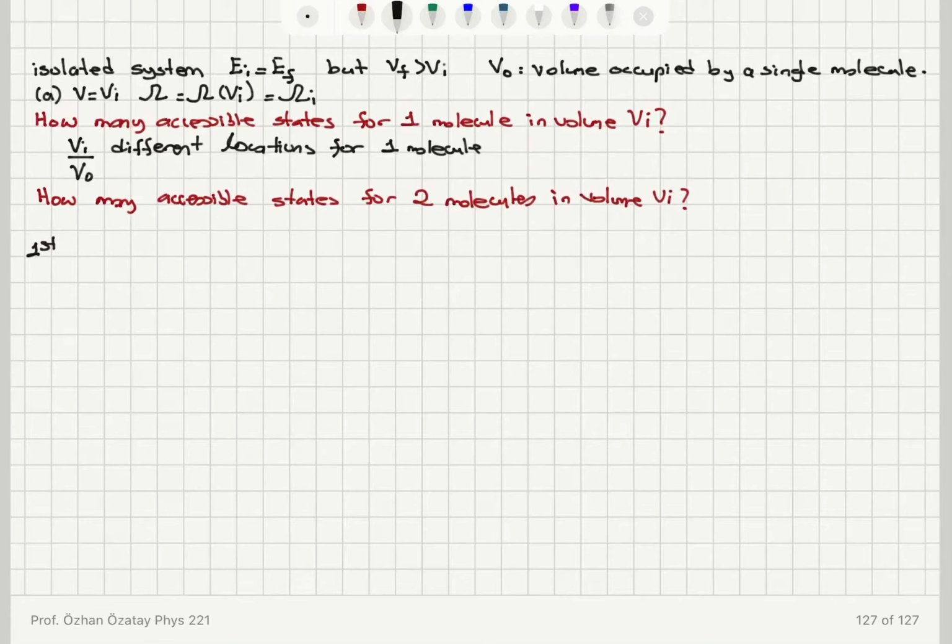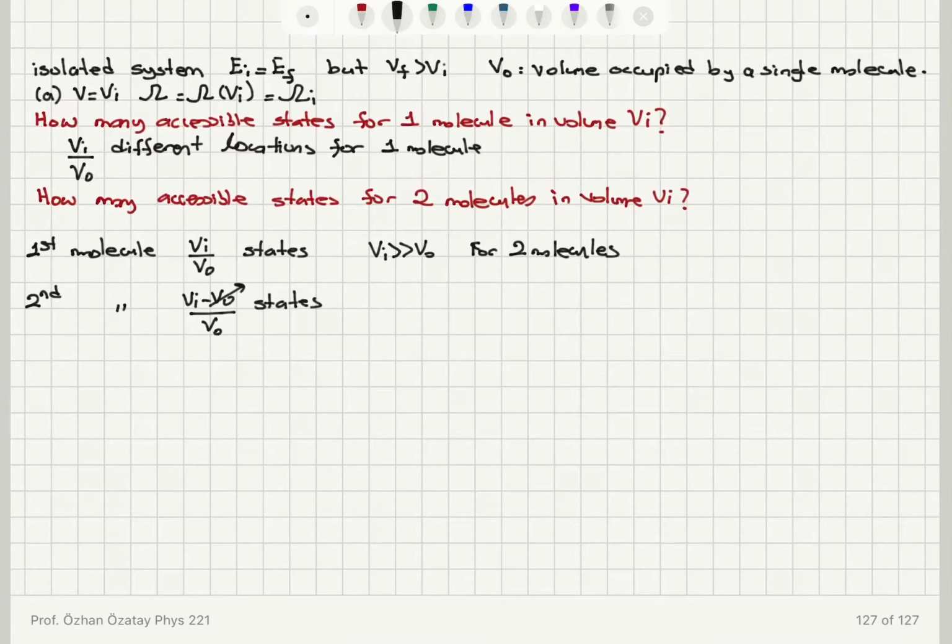The answer is for one molecule we had V initial over V0. So first molecule, you should say I have V initial divided by V0 states. And for second molecule, then since I have already occupied a volume V0, V initial minus V0 divided by V0 states. But since this V0 is negligible, basically I can neglect this, and for two molecules I will have the joint probability.